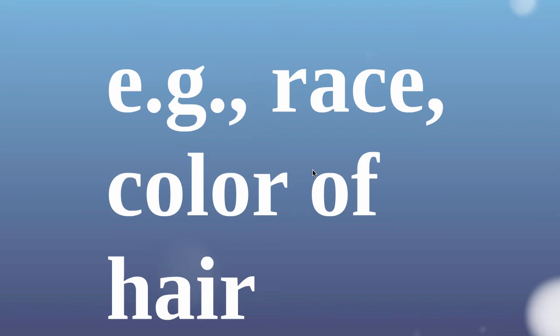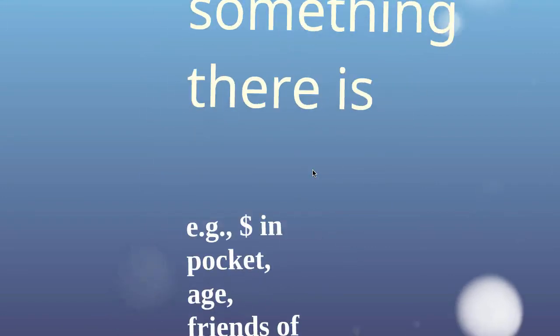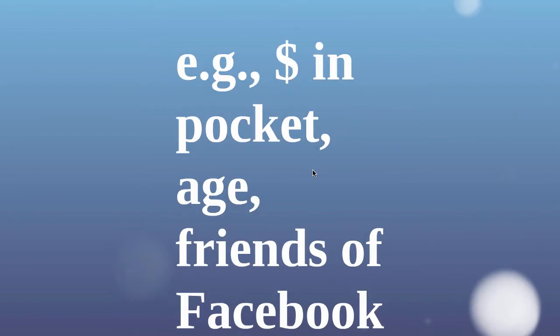The other type of variable that we could be dealing with is quantitative. So we're trying to determine the quantity of something. So how much or how many of something there is. So how many of that specific characteristic or object there is. Examples of quantitative variables: if the variable that I was trying to record or measure is how much money my students have in their pocket at the moment, the students would actually tell me I have $5.25, I have $15, I have $12.50.